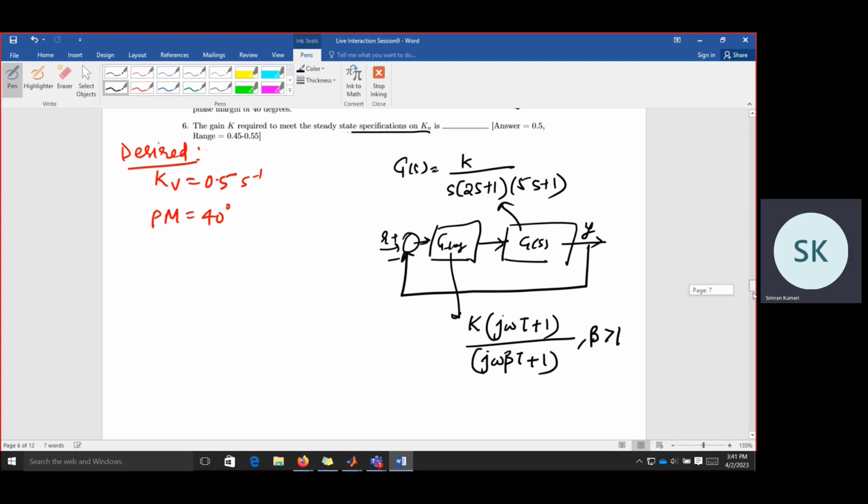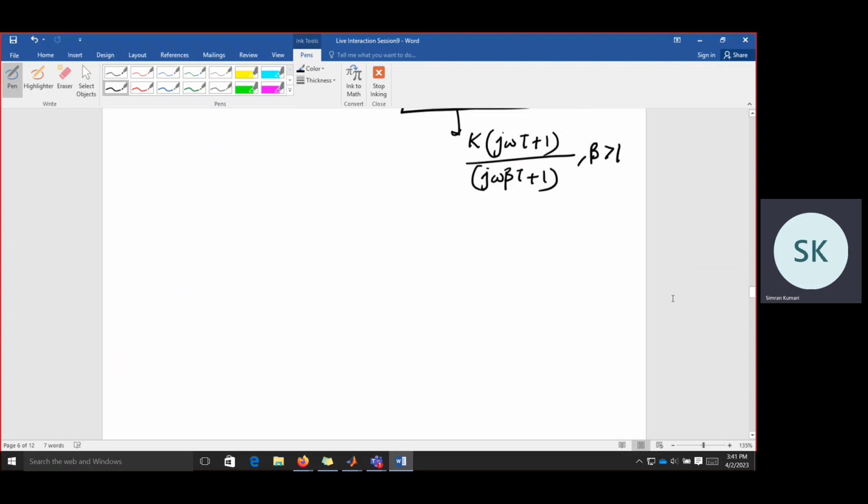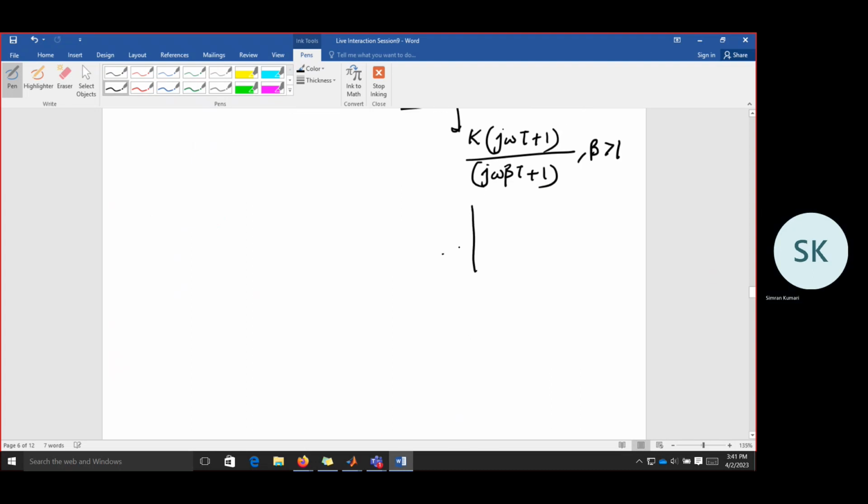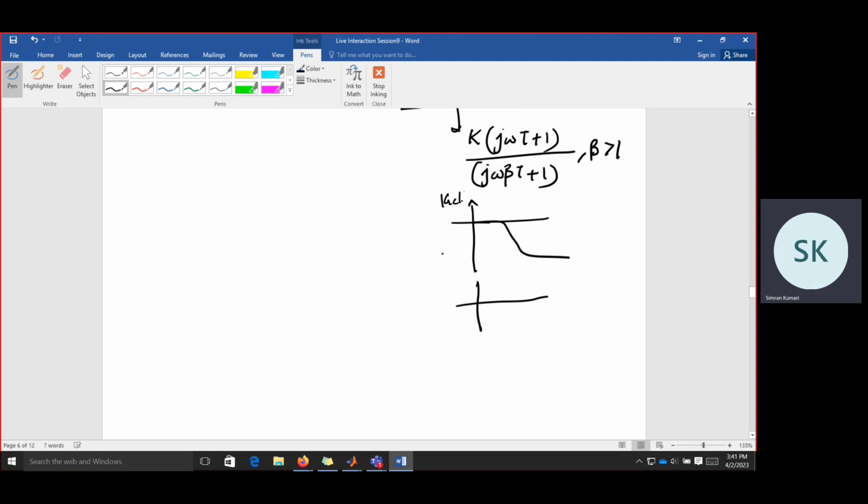And what we expect is that this lag compensator will have this attenuating behavior. This is the magnitude of this Gc, or we can say G lag, with frequency. And with frequency, this is the phase shift.